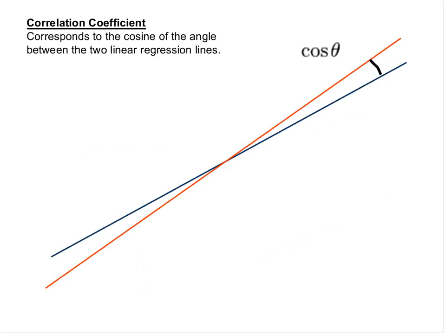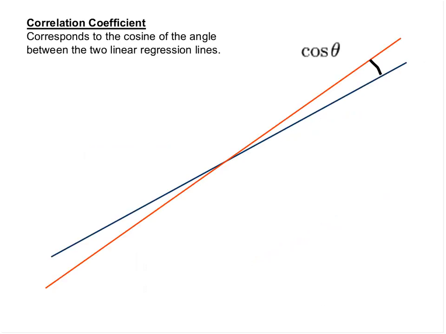Basically, here's the idea: you put them together and you calculate the cosine of the angle between the 2 lines. If the lines are right on top of each other, there's a perfect correlation. The cosine would correspond to a number of +1, basically. If the lines were at a 90-degree angle, well, let me think here.